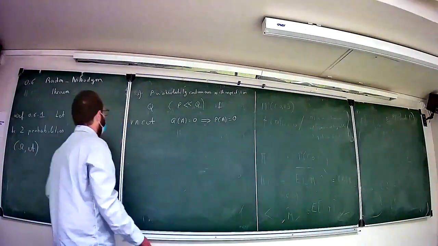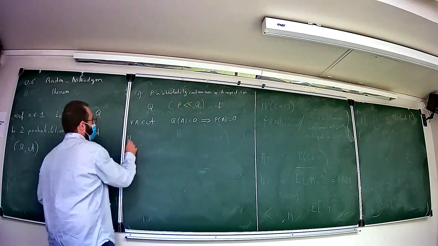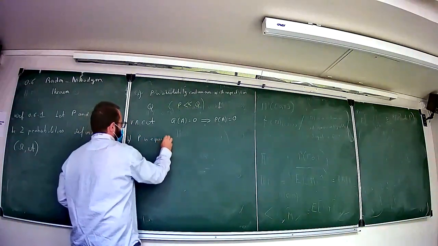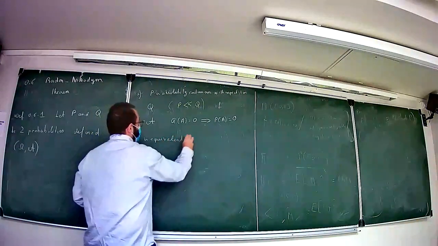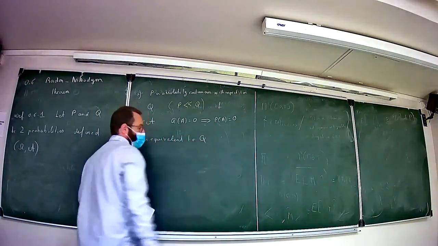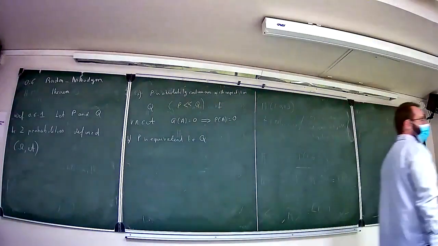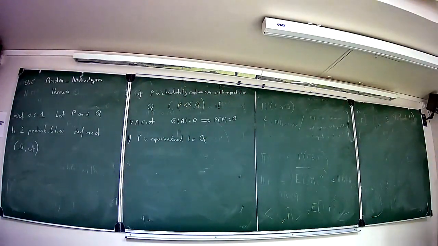Okay? Second definition. P is equivalent to Q, something that is important in finance. You have the notion of equivalent Martingale measure: the probability equivalent to P that makes the actualized value of the risky asset a martingale under Q. Equivalent is this one.